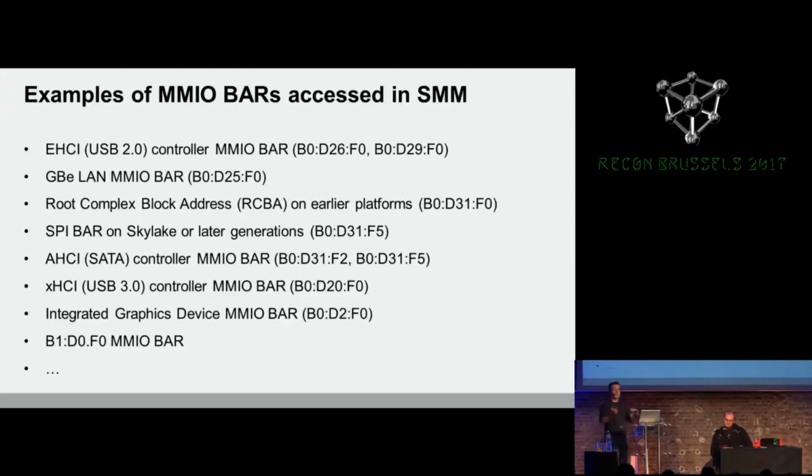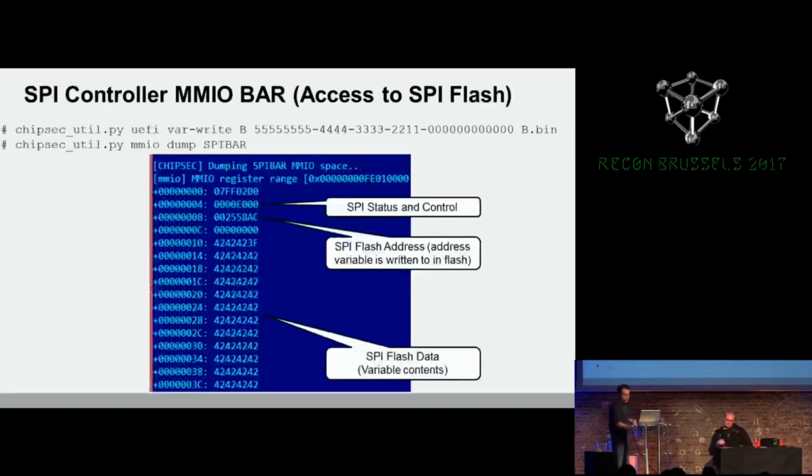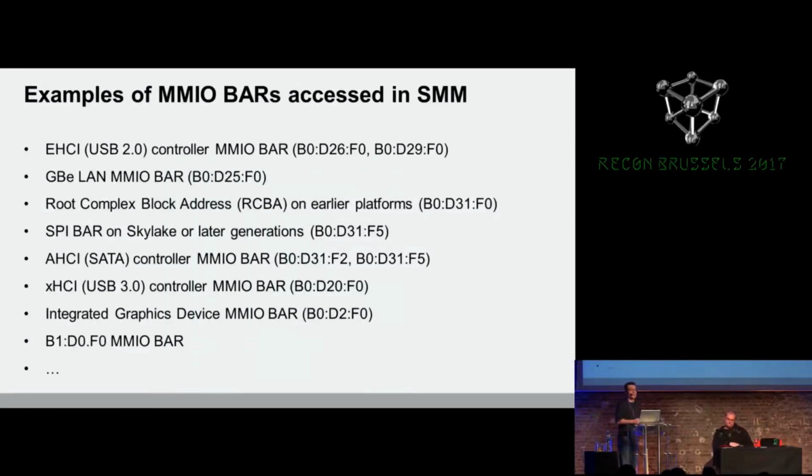Or specifically the SPI registers, basically in order to communicate with the SPI flash, write to the SPI flash or read from the SPI flash. AHCI, SATA controller MMIO, XHCI, USB 3 controller, integrated graphics device MMIO, basically GTT MMADR range for the graphics device. Or some other MMIOs, like for example, I think it's an LED controller or something, on a different bus on specific systems. It could be more. This is what we've seen.